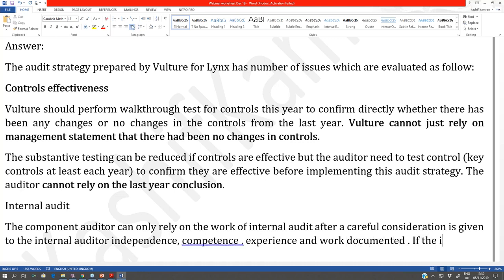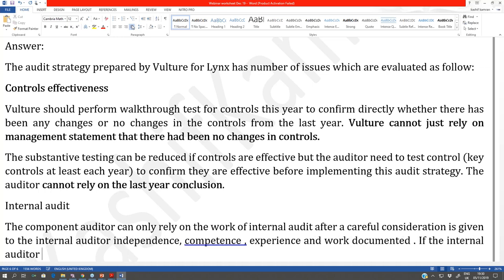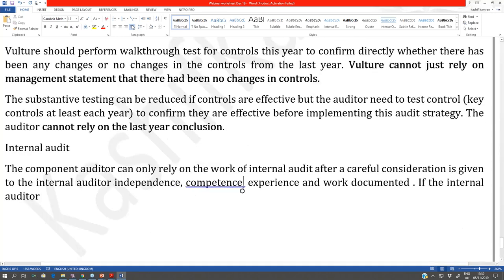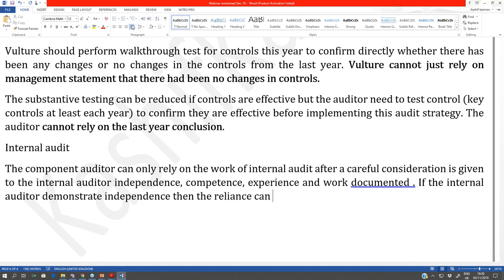If the internal auditor demonstrates independence, then reliance can be placed on internal audit work.